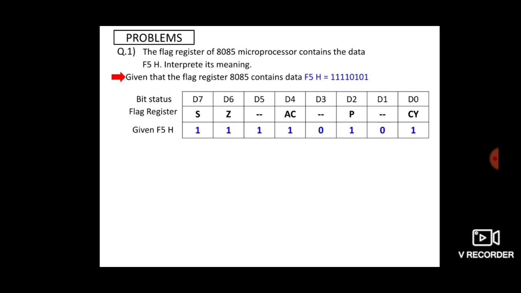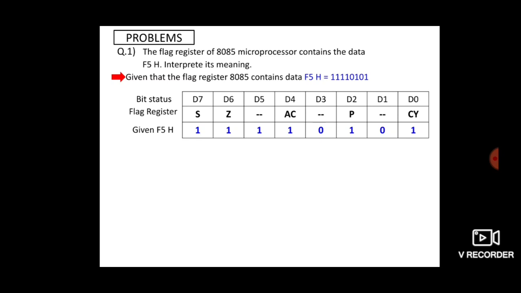Now one thing to remember: in the flag register, in each column, 1 means set and 0 means reset. If 1 is there in that column, that flag is set; if 0 is there, that flag is reset. Clear?